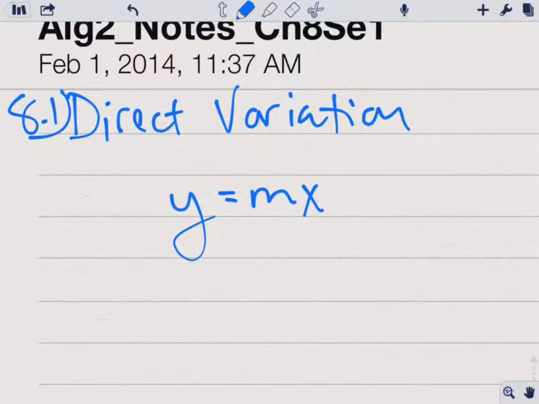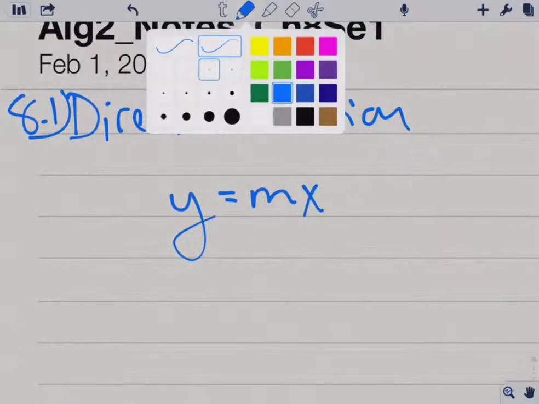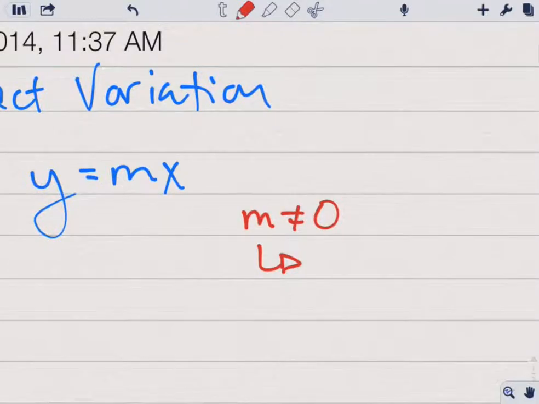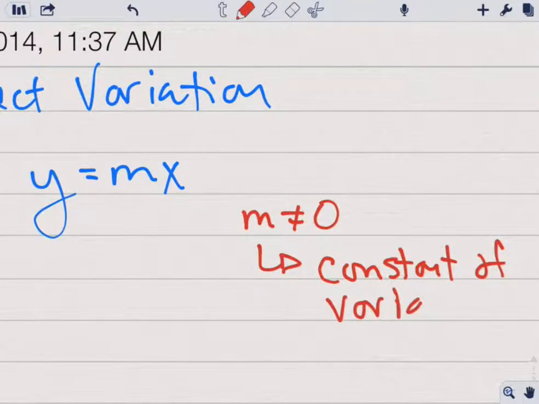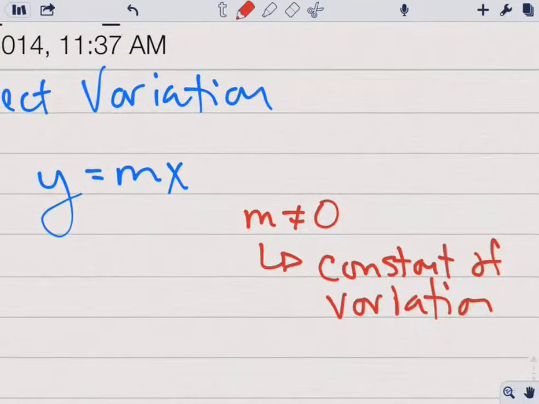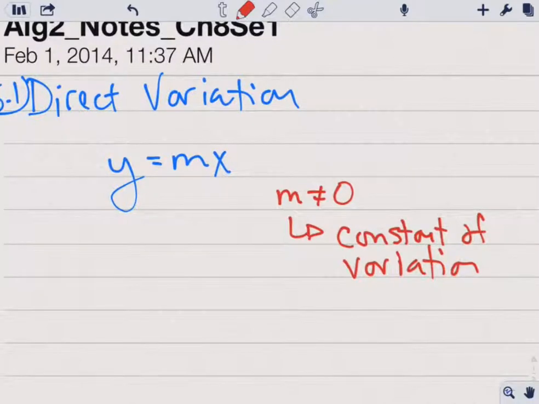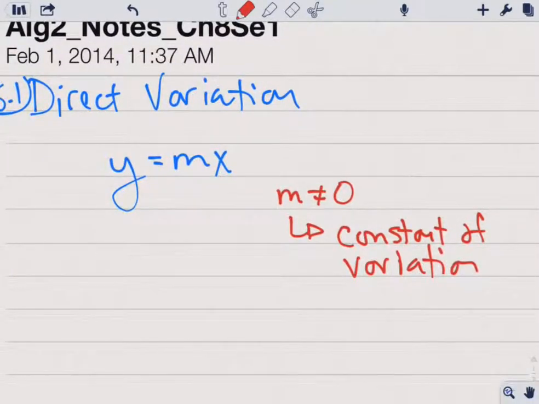Our only qualifier is that m is not equal to 0. It is also called your constant of variation. Direct variation has a particular thing. X is your independent variable.